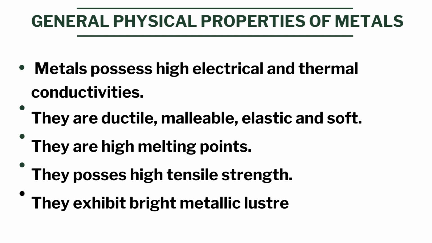They are ductile, they are malleable, and they can be beaten into any form. They have a high melting point, they have high tensile strength, and they exhibit metallic luster. So those are the physical properties of metals.